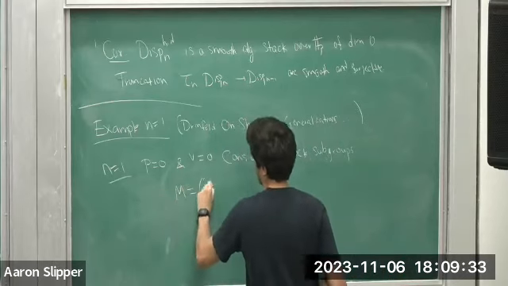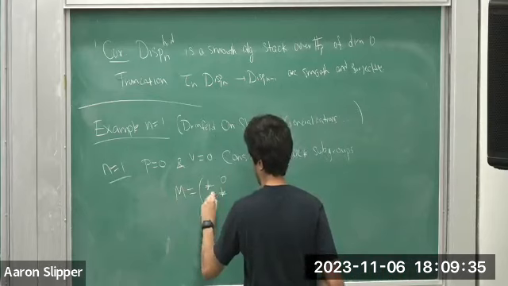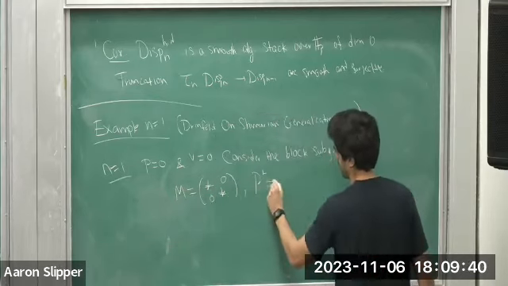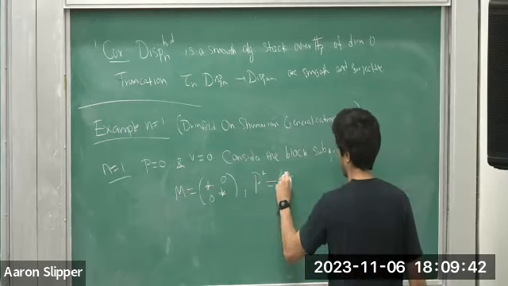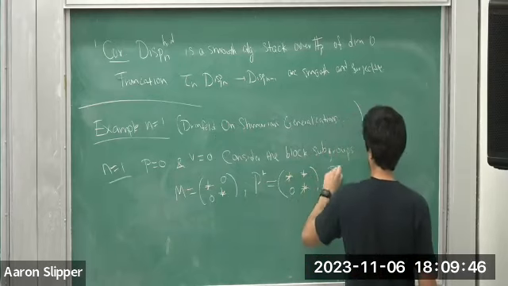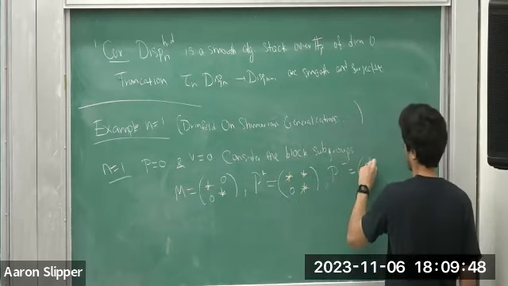M will be the block diagonal matrices. P plus will be the parabolic of block upper triangular matrices. And P minus is the block lower triangular matrices.